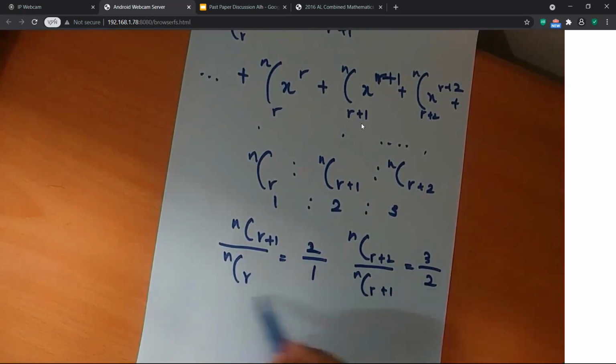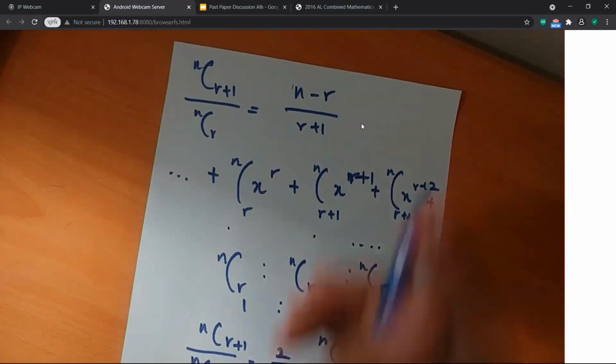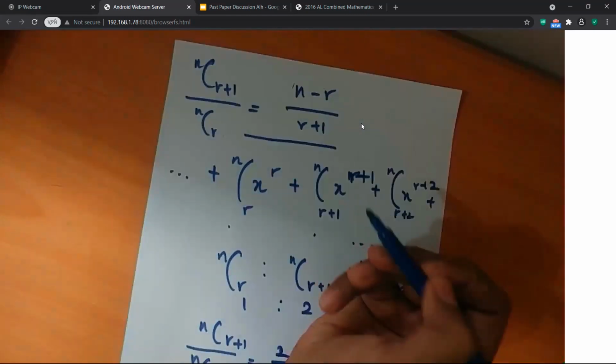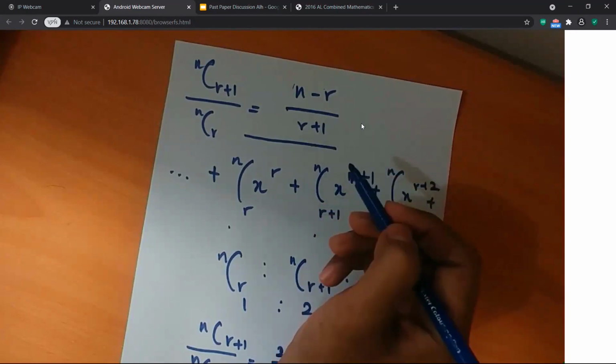So can we simplify this? Have you seen this somewhere before? We just proved it in the earlier equation: nC(r+1) divided by nCr is equal to n minus r over r plus 1.